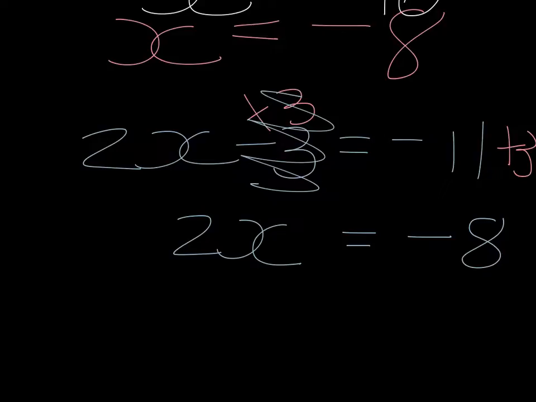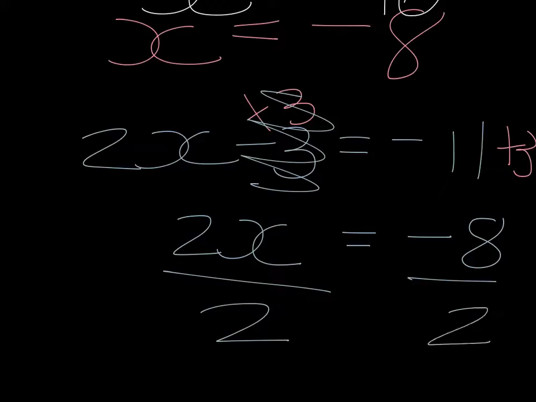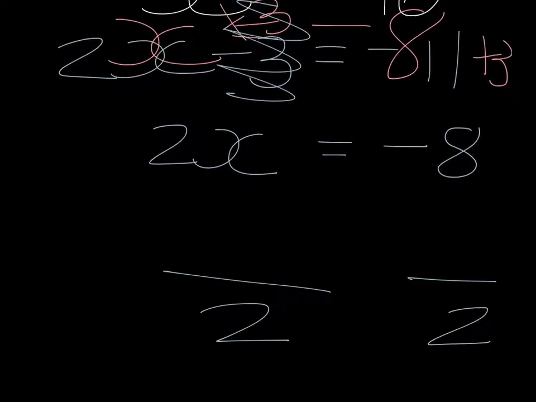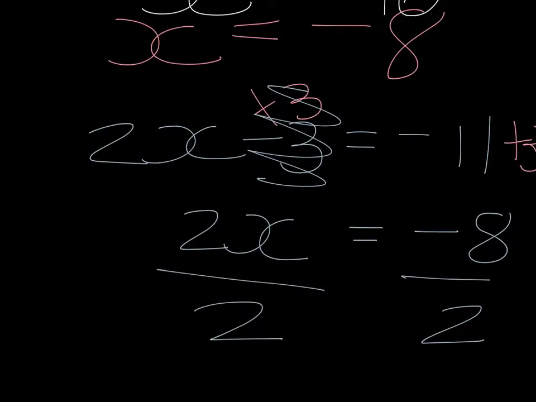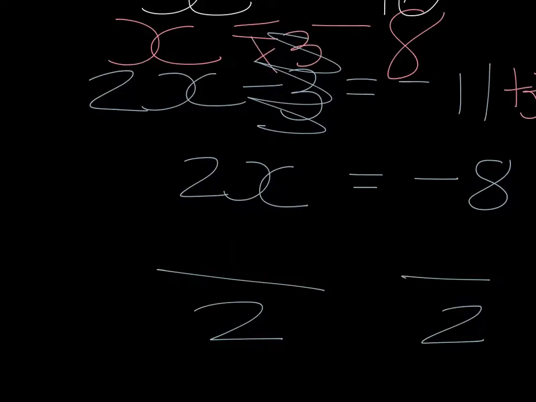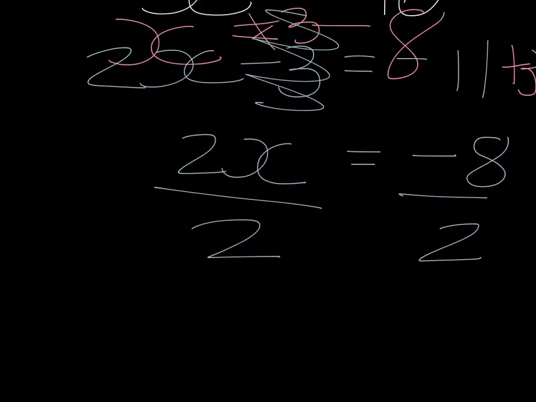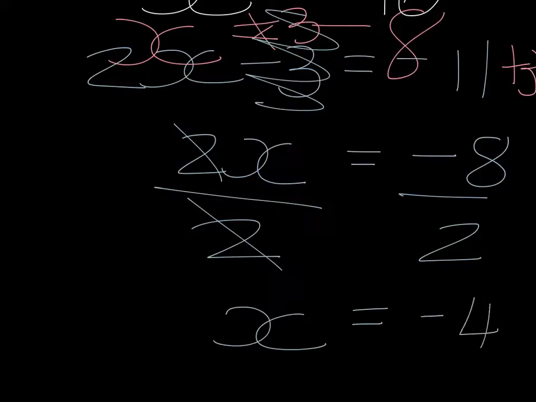Divide. Well done. So now we divide by 2, divide by 2. The 2s cross each other out, so we've got an x. 2 goes into negative 8 negative 4 times. So x is equal to negative 4.